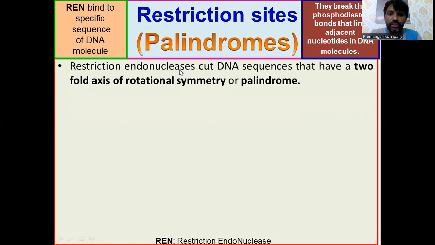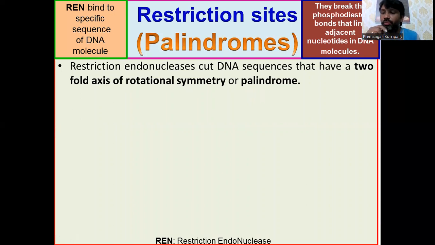Restriction endonucleases cut DNA sequences that have a twofold axis of rotational symmetry, or palindrome. Restriction sites recognized by the restriction endonuclease have to be palindromes or have a twofold axis of rotational symmetry.